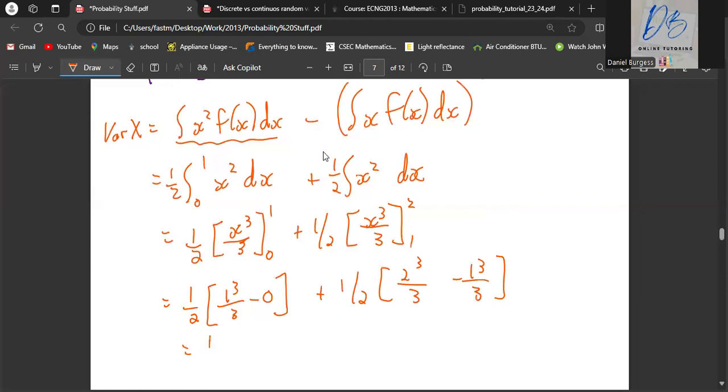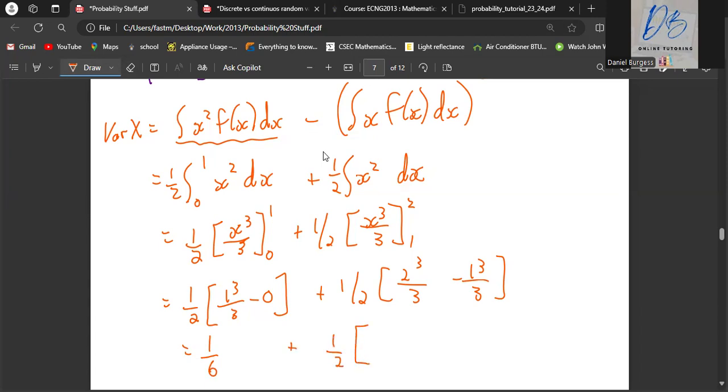So this will be a half of course. But 1 cubed is 1. So it'll be a half by 1 on 3, so 1 on 6. Then it'll be a half.